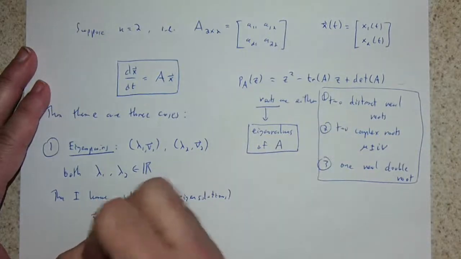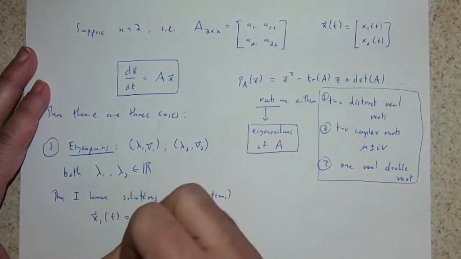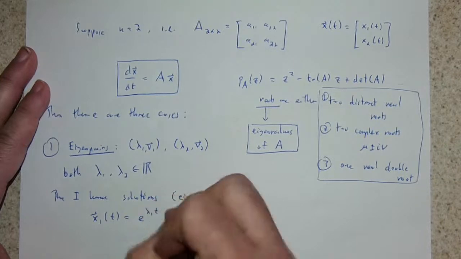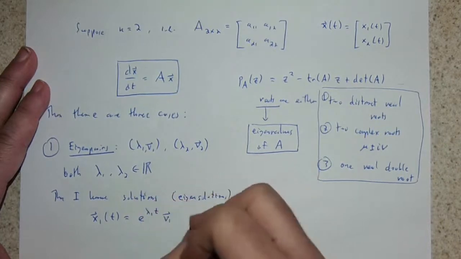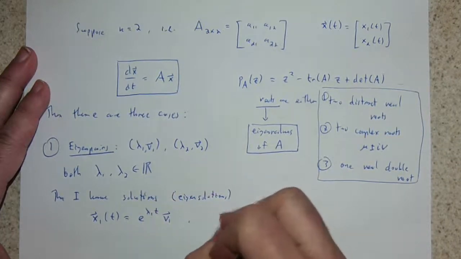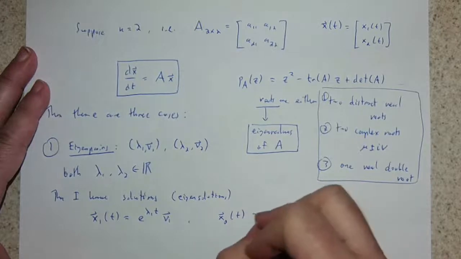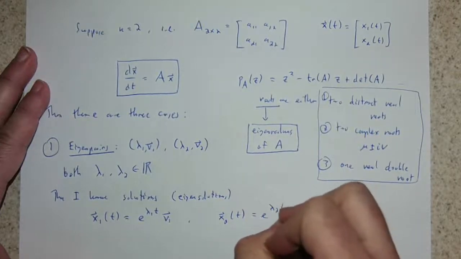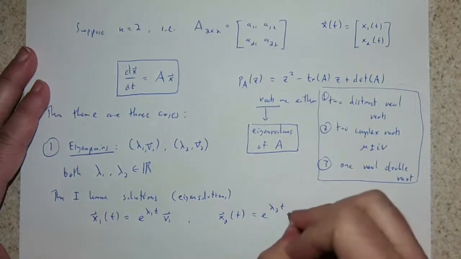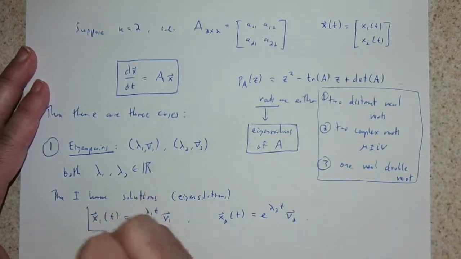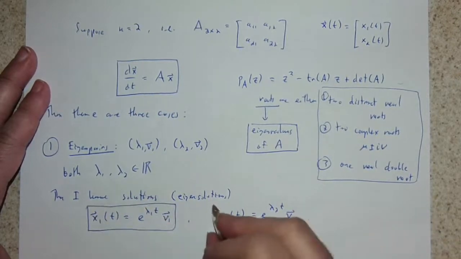So thus I have solutions I'll call eigensolutions: x1 of t, which is e to the lambda 1 t v1, and x2 of t is e to the lambda 2 t v2. These are my two solutions.